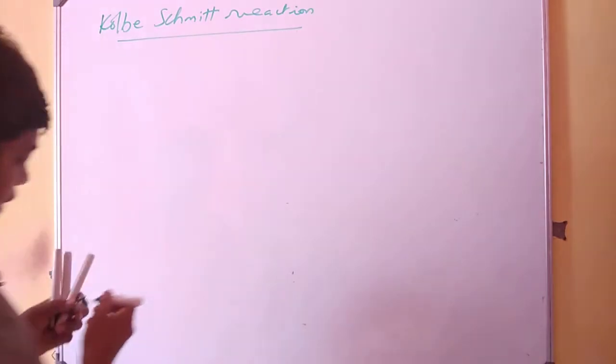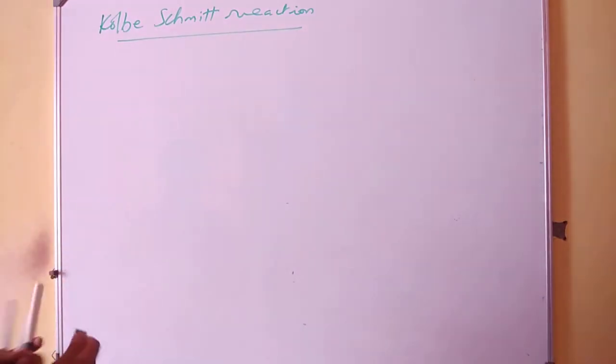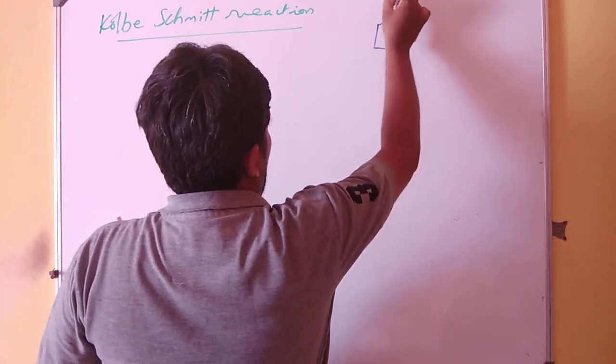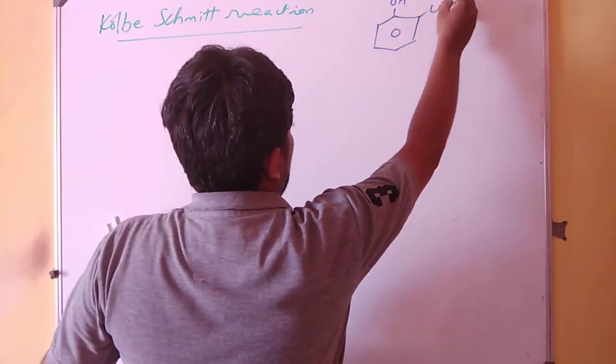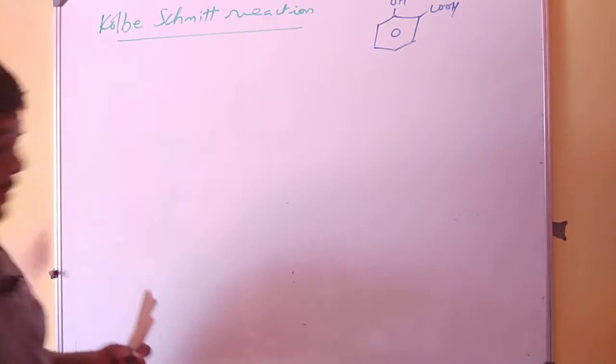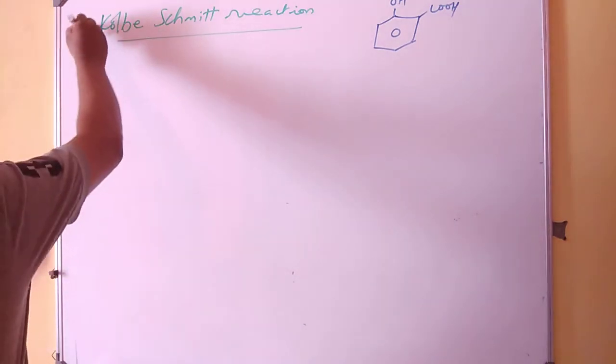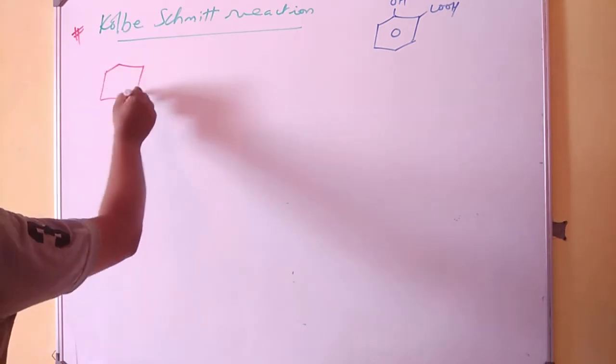This Kolbe-Schmitt reaction is one of the very important reactions used for producing salicylic acid, also known as 2-hydroxy benzoic acid.